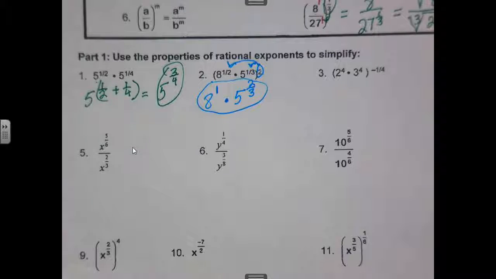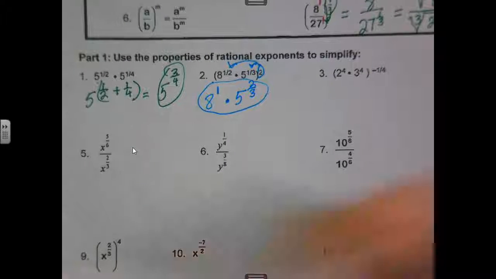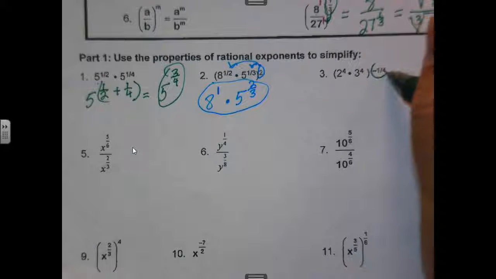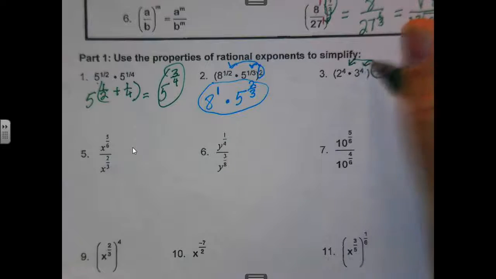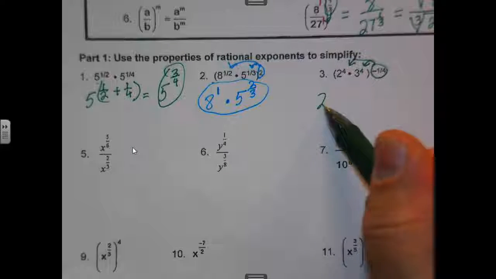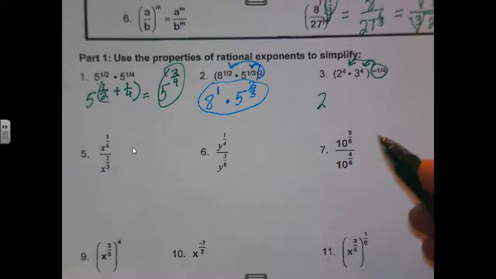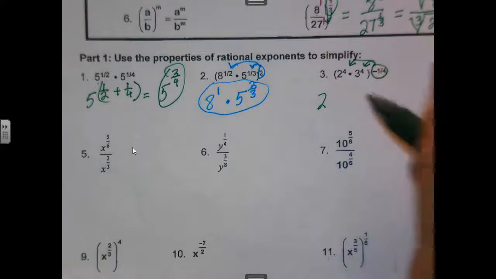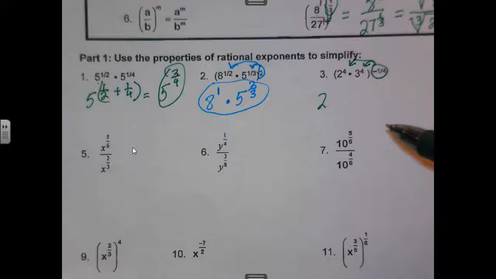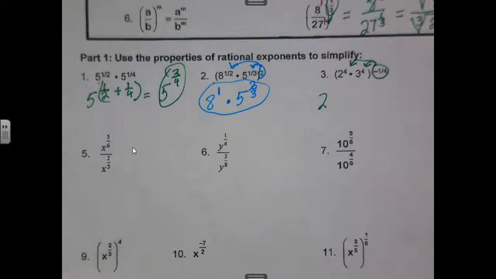Number 3. I'm going to take negative 1/4 multiplied to each one of the exponents. 2 to the 4 times negative 1/4 is... 4 times negative 1/4. If I have a quarter and I have 4 of them, what do I get?